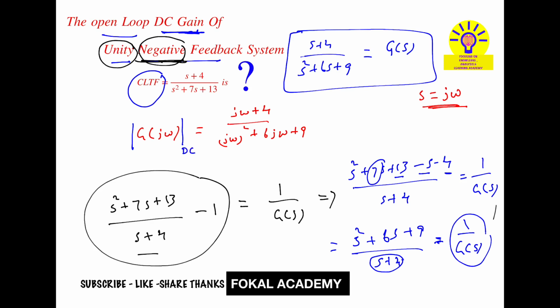Whenever omega equals 0, substitute omega value 0, it becomes 4 in the numerator, the j omega terms in the denominator become 0, remains 9. So 4 by 9 is the open loop DC gain for the given problem.